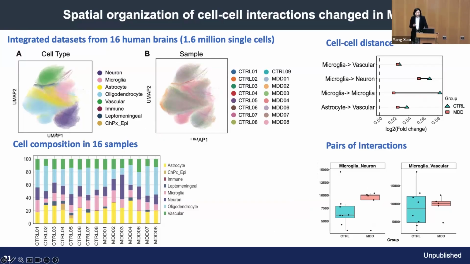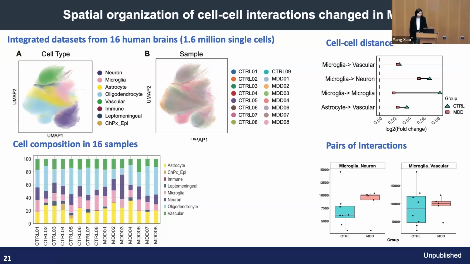And what's more interesting, because it's spatial data, we can calculate the distance between cells. We defined 200 microns as the largest cell-cell distance of one cell to another, and then calculated the cell pairs. What is the average distance of a cell to other cells?